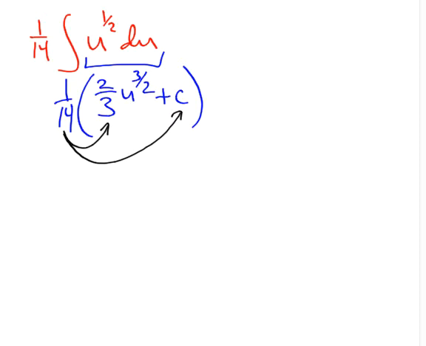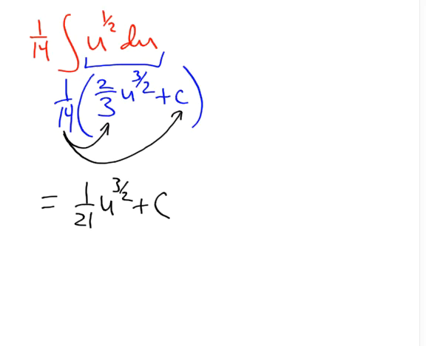And if I take a constant that is unknown and multiply it by 1 over 14, it will give me another unknown constant. So we don't need to write c over 14. We can still write it just as c, because an unknown constant times a known constant is still unknown. We just leave it as a plus c.